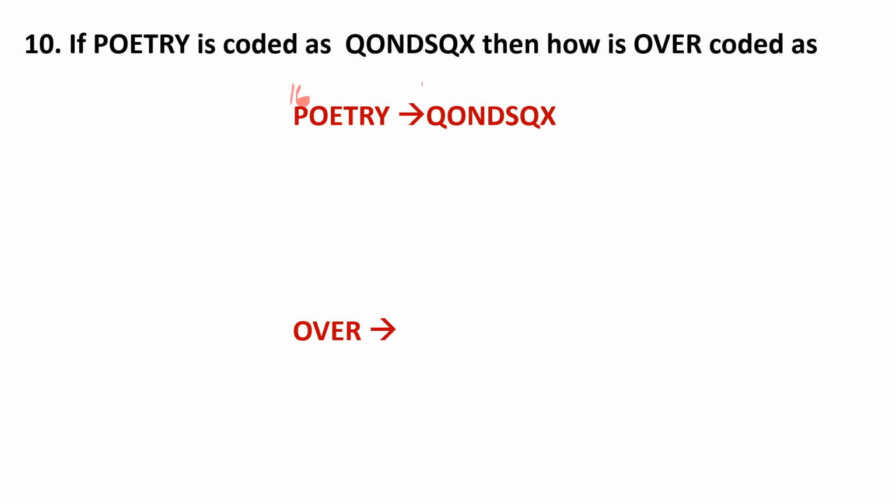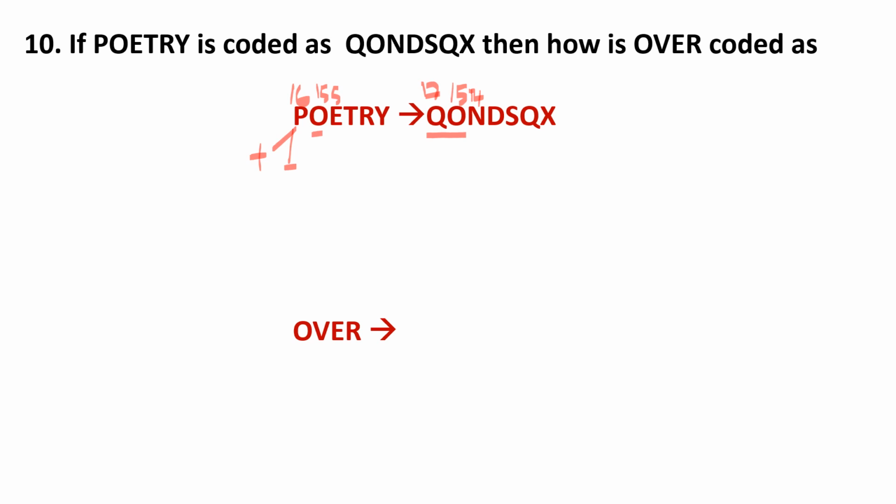P is 16. Here Q is 17. O is 15. P is 16. 16 plus 1, 17. 16 minus 1 is 15. So the first two letters are for the first letter. Next O. O is 15. Here N is 14. 15 minus 1 is 14.